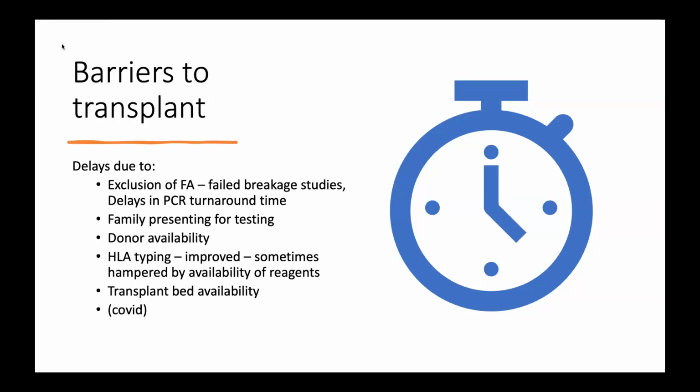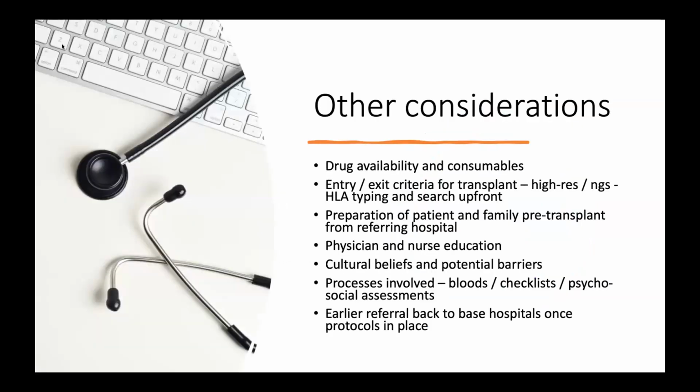And then other barriers include transplant bed availability, and let us not forget what COVID did. Other considerations that we do need to note is drug availability and consumables. And I think we need to be clear in terms of the entry and exit criteria for transplant, and actually be more aggressive in terms of doing the high-res and the NGS HLA typing and search up front.